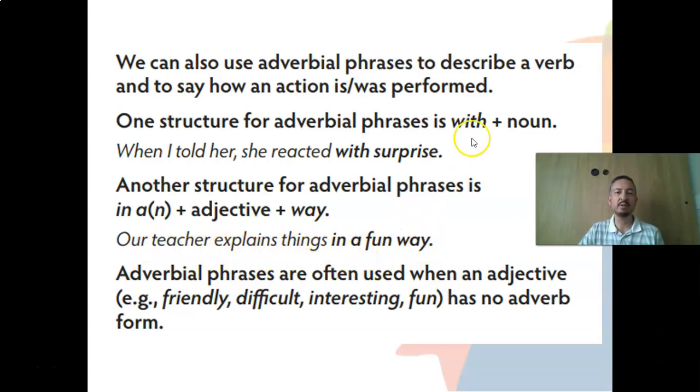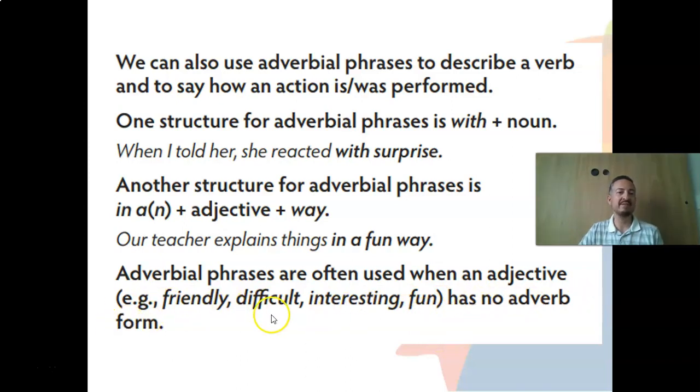And what's the difference between this and this? This is with plus a noun. This is in a or an plus an adjective, not a noun, and plus way. Okay? So adverbial phrases are often used when an adjective, friendly, difficult, interesting, fun, etc., has no adverb form.